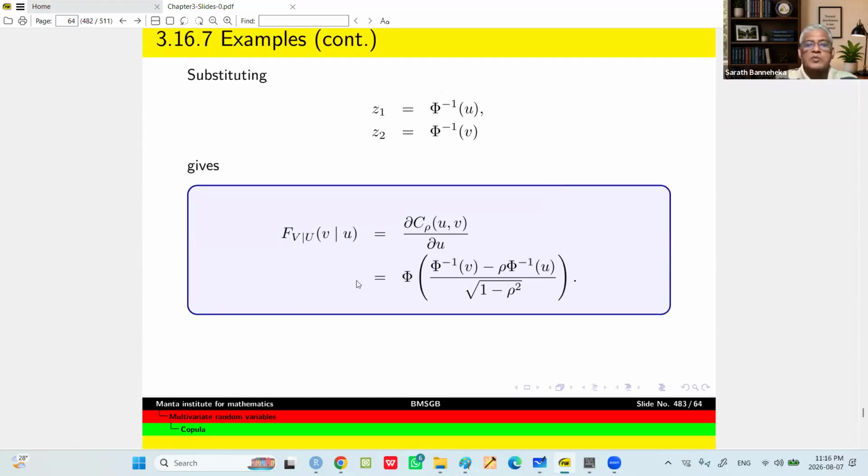We showed that this is the expression required to get the conditional distribution of Y given U. This is required when you are generating data using the Gaussian copula.